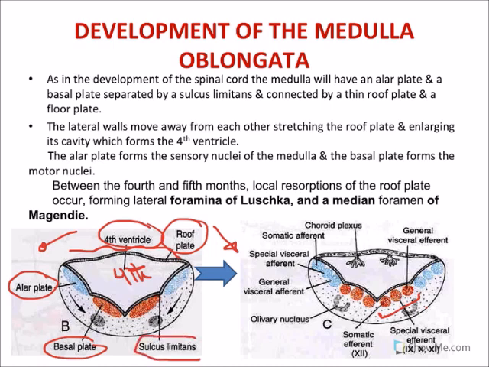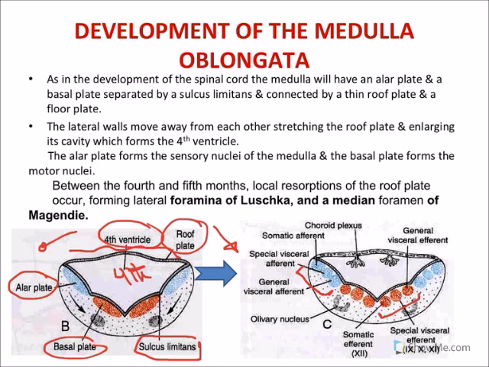And the sulcus limitans, which appears also in the spinal cord, will divide the sensory and motor nuclei of the spinal cord, as well as in the case of the medulla oblongata. So the alar plate, as we said, will give rise to the sensory nuclei, and the basal plate will give rise to the motor nuclei of the medulla oblongata.